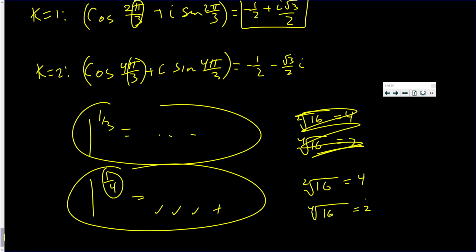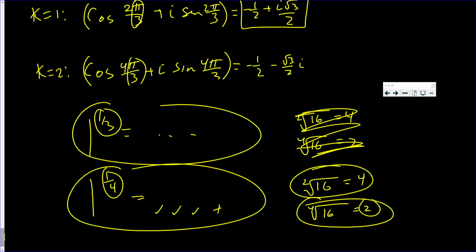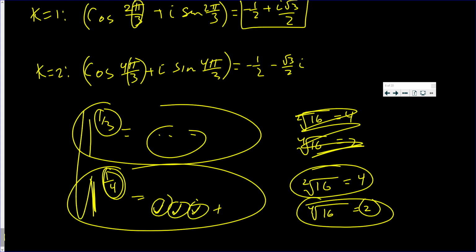But, for example, 2 is not going to be a root here. 4 is not going to be a root there. They don't have to be. If you're finding 3 roots here and 4 roots here, there's no reason why the 3 that we found here should match the 3 down here. Okay, they don't. Just ignore all that.